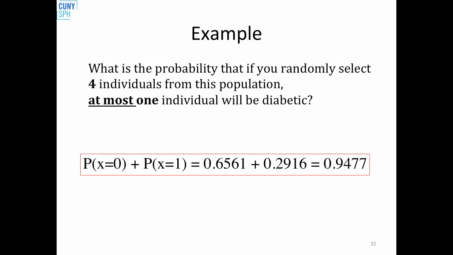So what is the probability that if you randomly select 4 individuals from this population, at most one of them will be diabetic? So either 0 or 1.